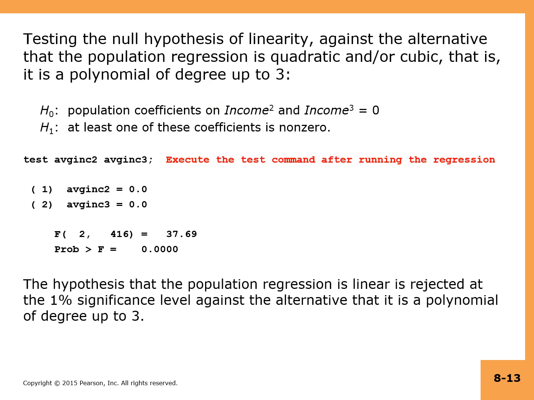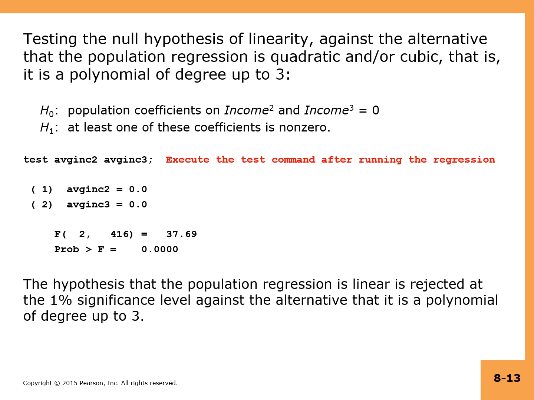Another way to test whether we should have a linear model or a nonlinear model is to use the f-test. So we can have a null hypothesis that says income square and income to the third coefficients are both equal to 0, which means that the linear model is correct, versus an alternative hypothesis that at least one of these coefficients is not 0. The way to test this is by typing in the command test average income 2, average income 3 in Stata, and this will carry out the f-test.